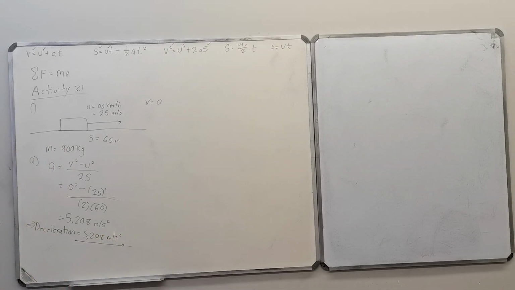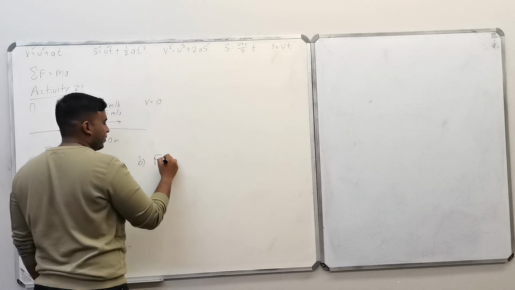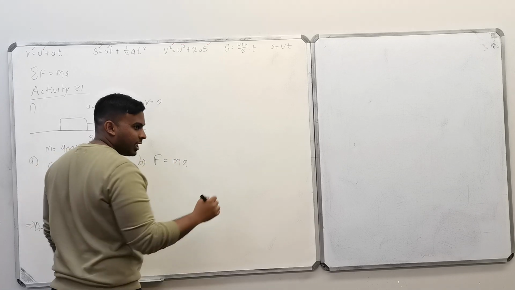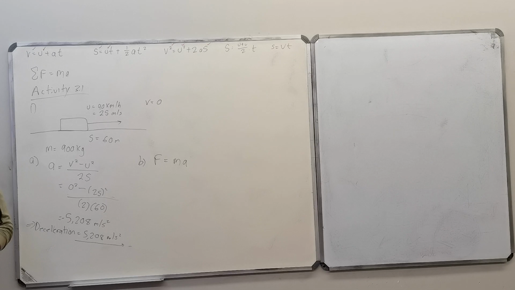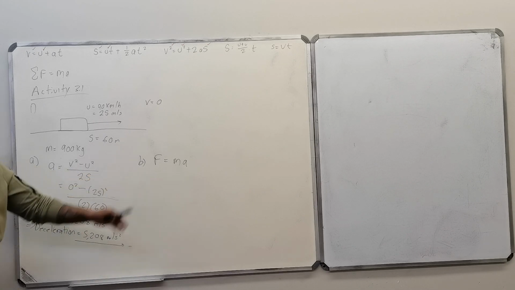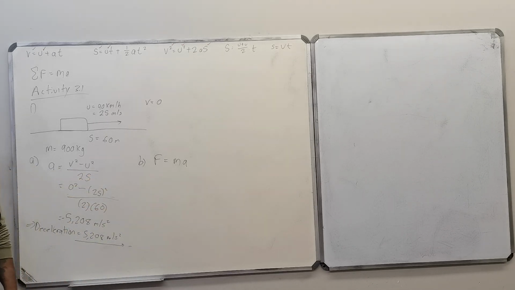Okay, so then they ask you to work out the braking force. Now remember, Newton's second law is F is equal to ma. The braking force would be what's being applied to stop this car. So the force being applied to stop it would be equal to your mass times the deceleration, because whatever it's decelerating by, that's the force being applied to stop the car.